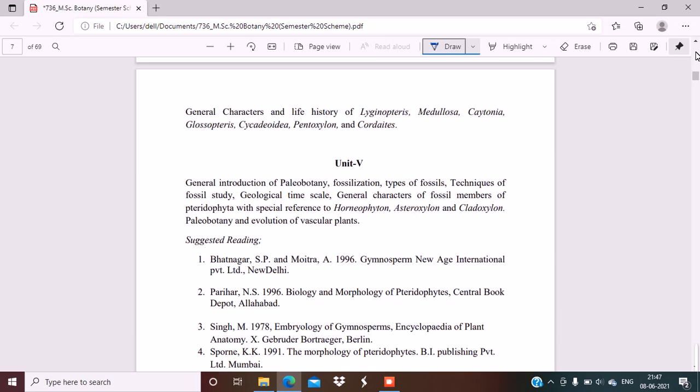This unit 5 contains Paleobotany: Fossilization, types of fossils, techniques of fossil study, geological timescale, general characters of fossil members of the Pteridophyta with special reference to Horneophyton, Asteroxylon, Cladoxylon, Paleobotany and the evolution of vascular plants. For this unit also you will refer to the book Textbook of Botany, Diversity and Systematics of Seed Plants. You will get all the topics in these books by Singh, Pandey and Jain.